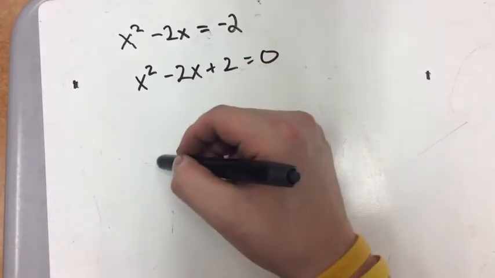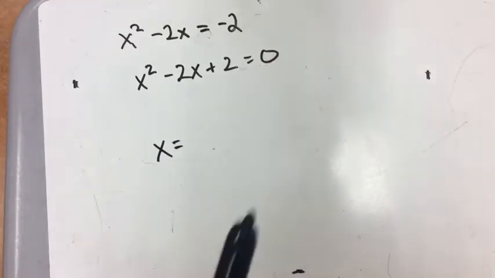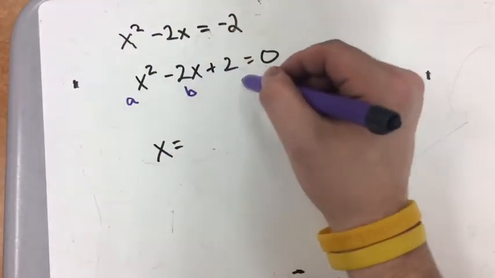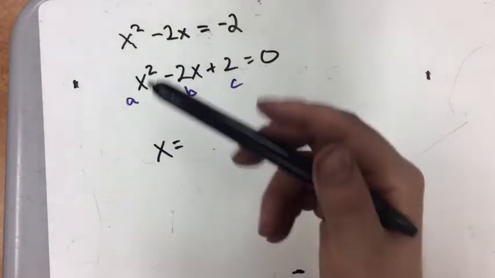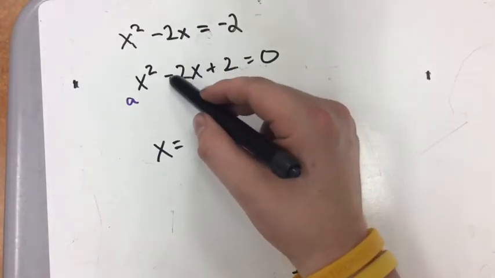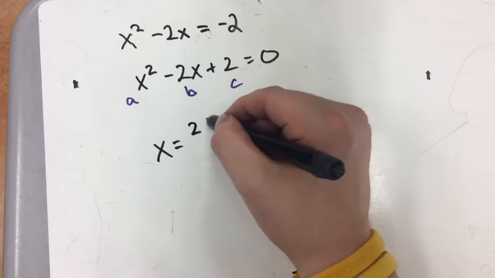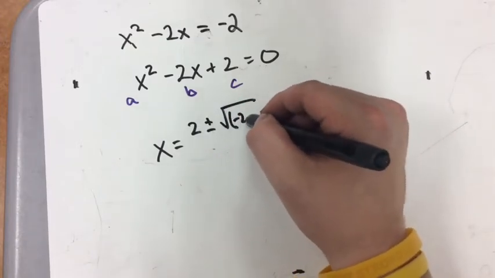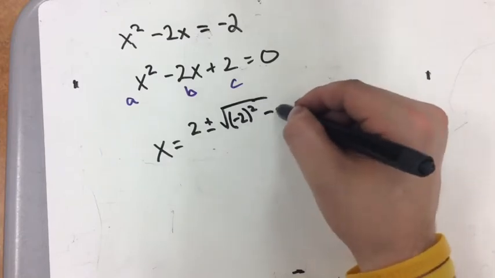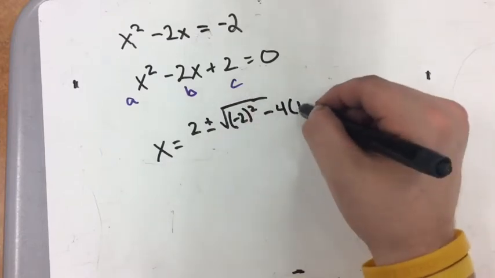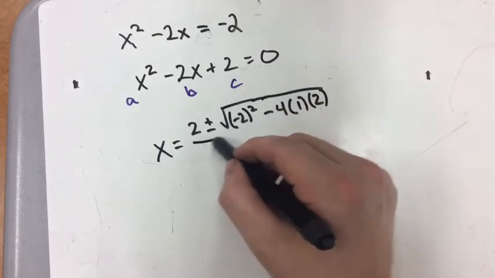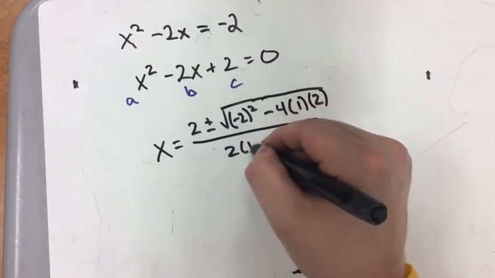So x equals, remembering this is a, b, and c, -b, so +2, plus or minus the square root of -2 squared minus 4 times 1 times 2, all over 2 times 1.